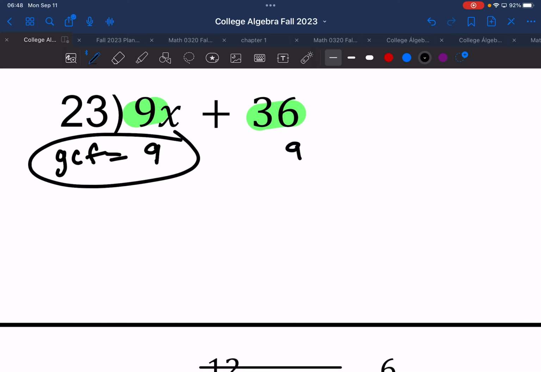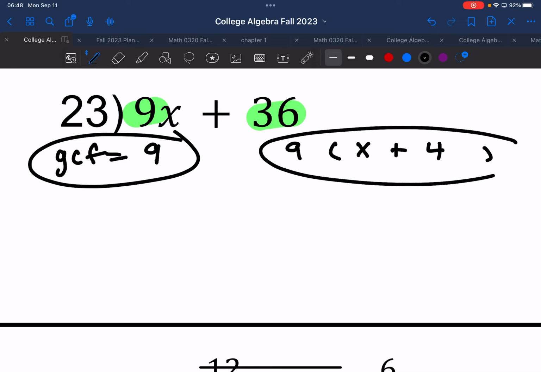We're going to write 9, and then write our parentheses and start dividing that 9 into 9x plus 36. 9x divided by 9 is just x. And then 36 divided by 9? 4. So our answer is 9 times x plus 4. We factored out our GCF, which was 9.